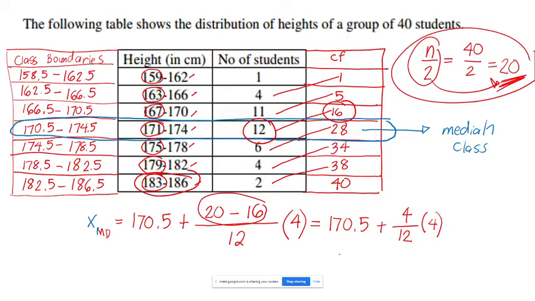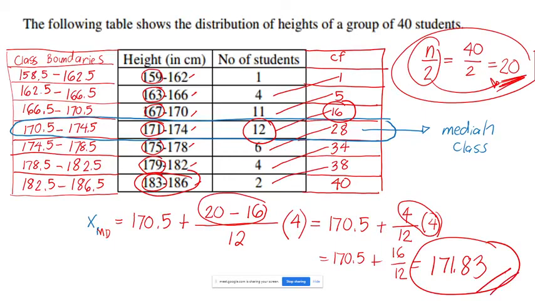Then we have 170.5 plus 16 over 12. Can you divide 16 by 12? Add 170.5. How much is that? Okay, there you go. This is now our median.